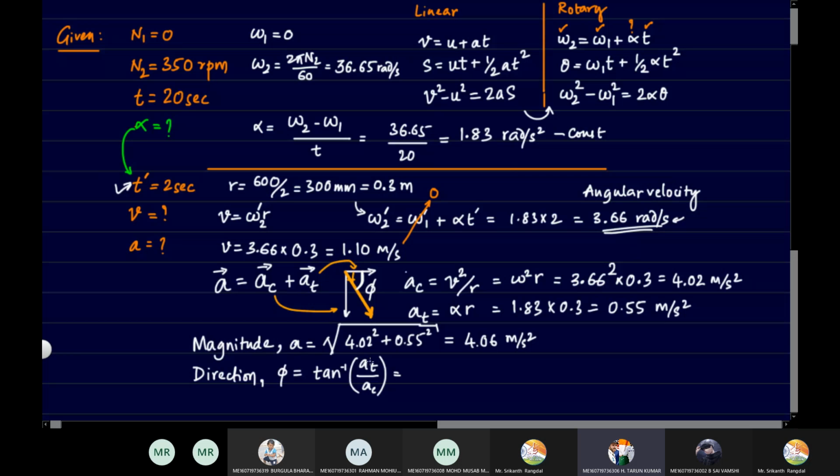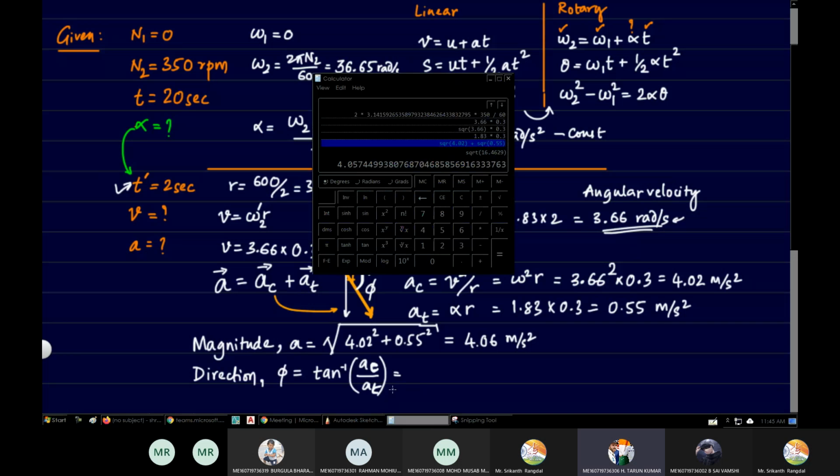Now the angle depends on where you are taking it from. I am choosing the angle from tangential. If I'm choosing the angle from tangential, then of course it should be centripetal by tangential. Whole square will not come here.